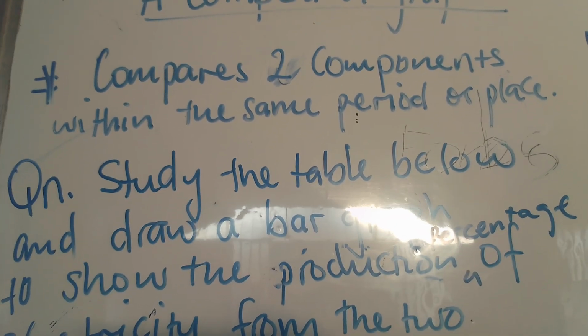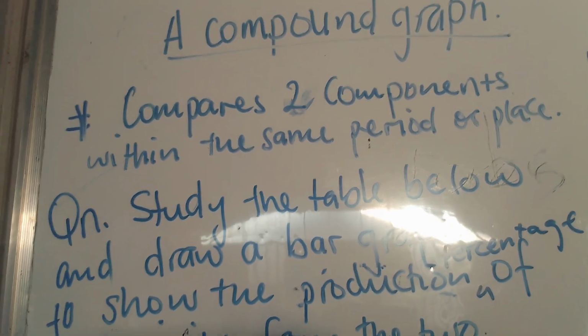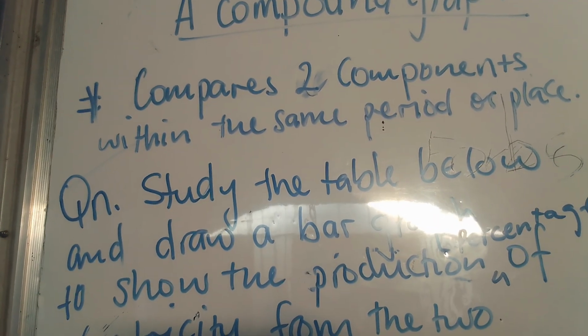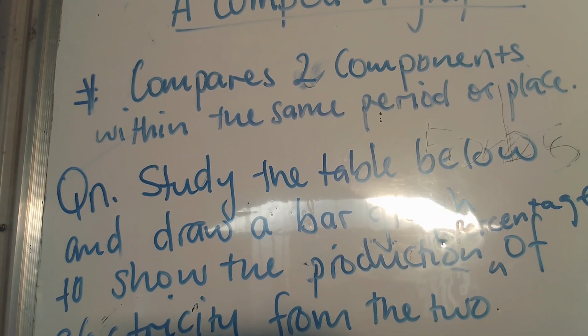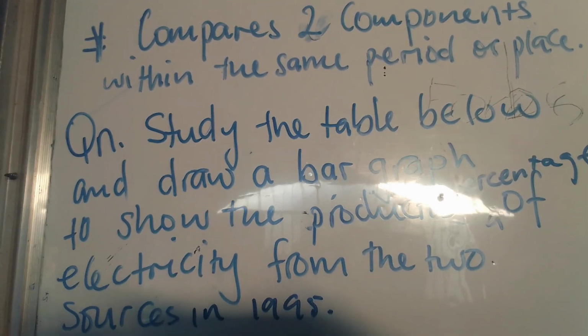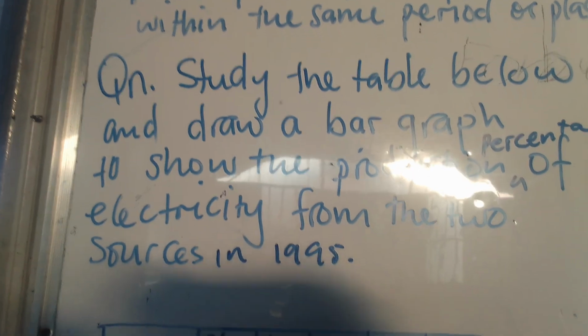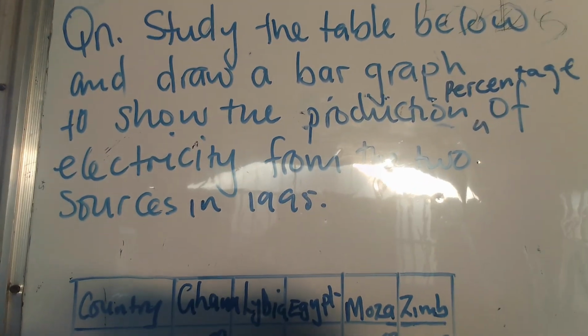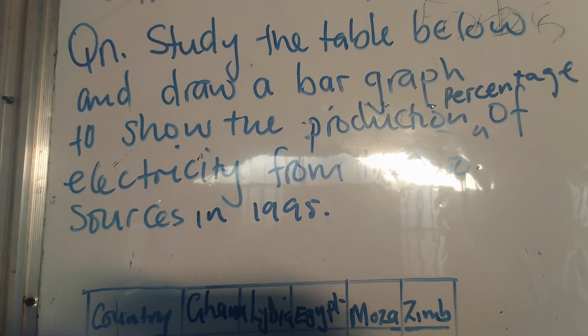Now let us look at the question, which reads, study the table below and draw a bar graph to show the production percentage of electricity from the two sources in 1995. That is the question.